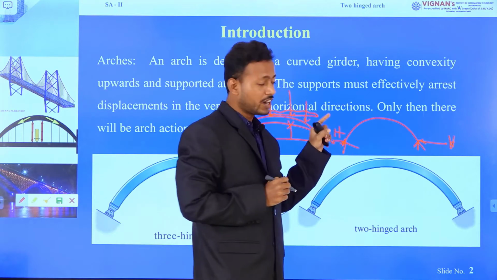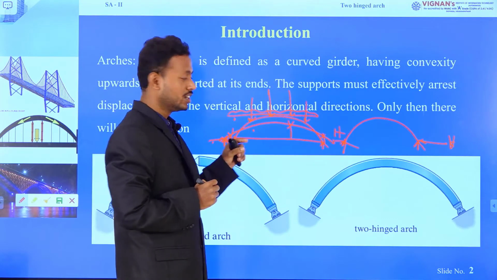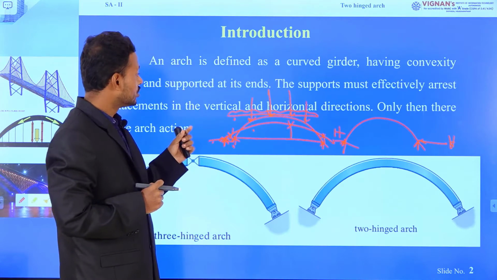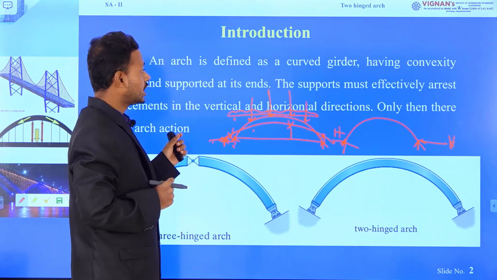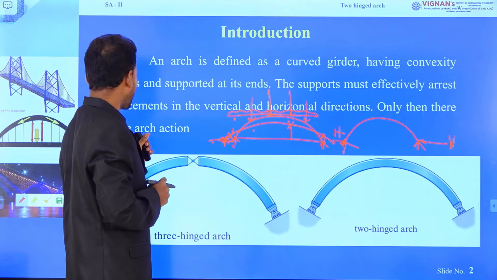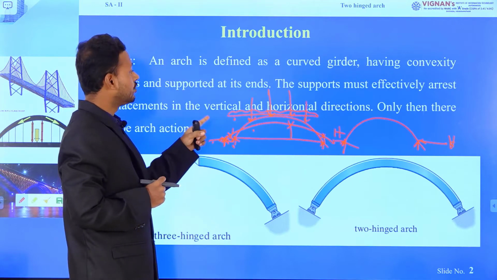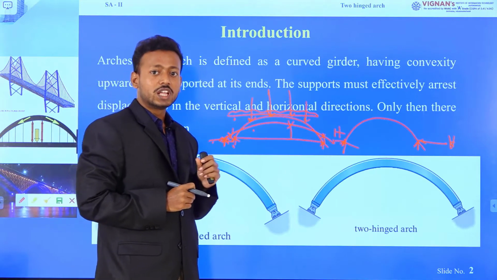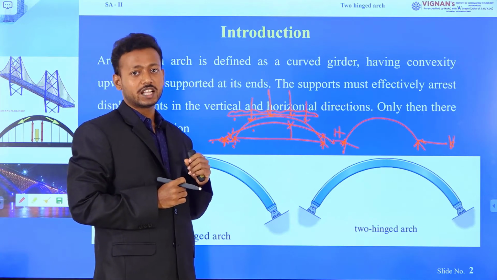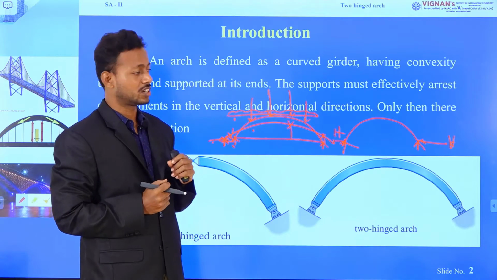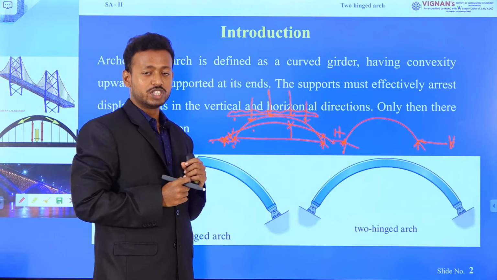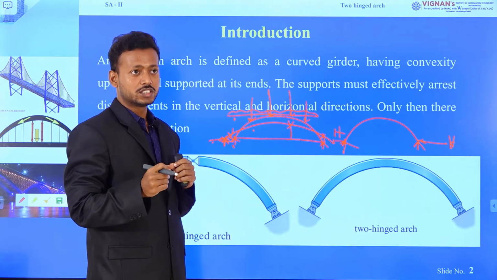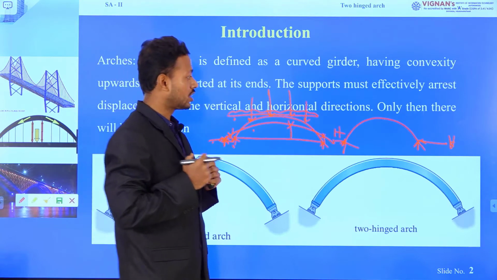So, this is the advantage of an arch structure compared to a beam structure. The supports must efficiently arrest the displacement in the vertical and horizontal direction. Therefore, the structure will be said to be an arch structure, and an arch structure without horizontal thrust is like a beam structure.